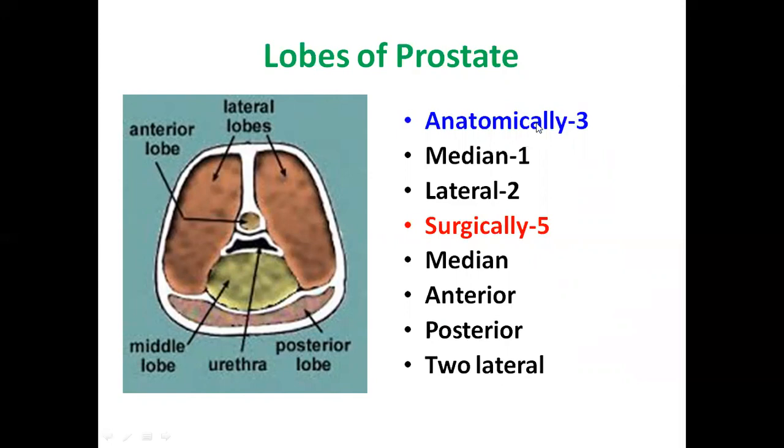One is the anatomical aspect, which is quite simple, where we have only one median lobe and 2 lateral lobes. Surgically, surgeons classify it differently: we have one median lobe, an anterior lobe, a posterior lobe, and 2 lateral lobes. So surgically we have 5 lobes overall, and anatomically we have 3 lobes.